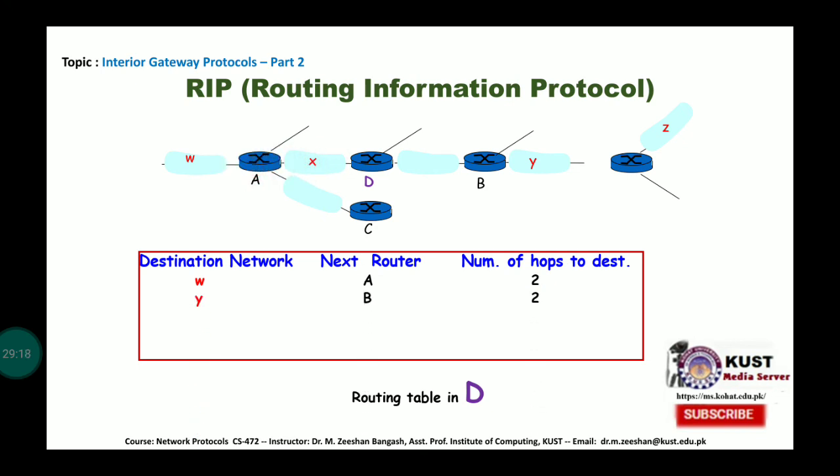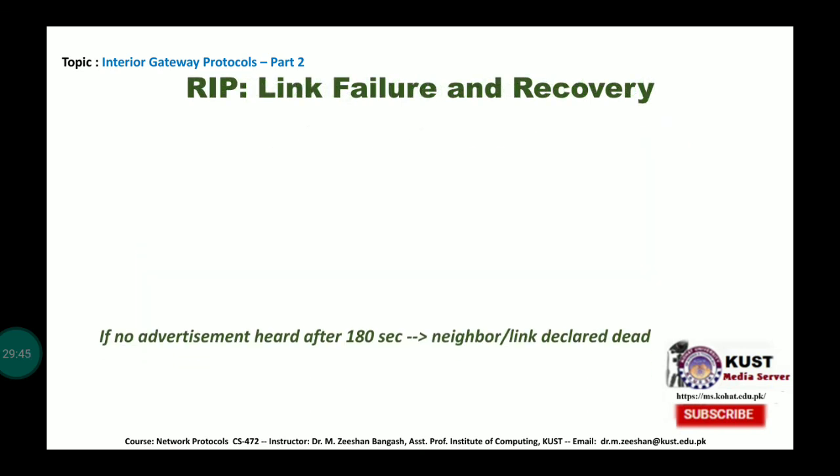Similarly, from D, if the destination network is Y, the next router to be followed is B, and the hop count is 2. Similarly, the other information is updated in the routing table accordingly. So this is how the distance vector algorithm executes and stores the information in the routing table.